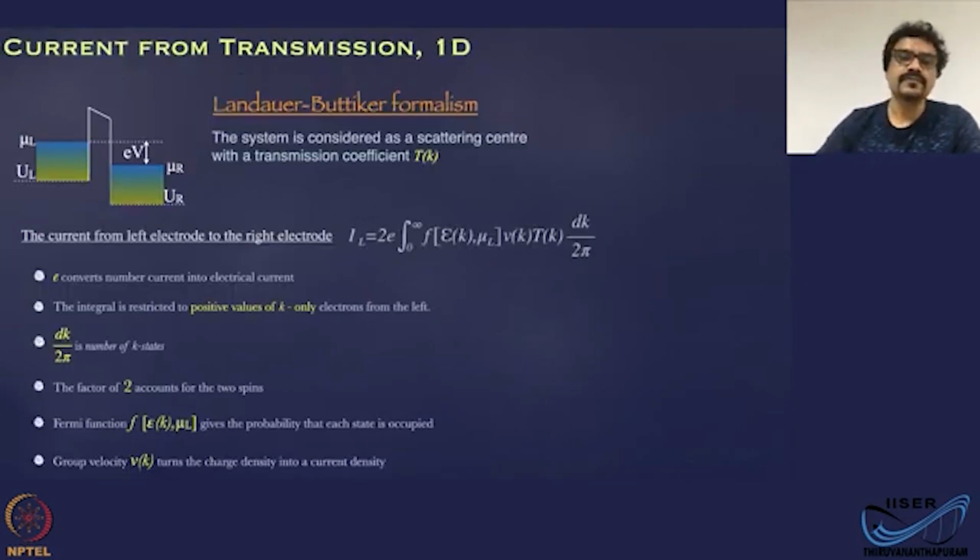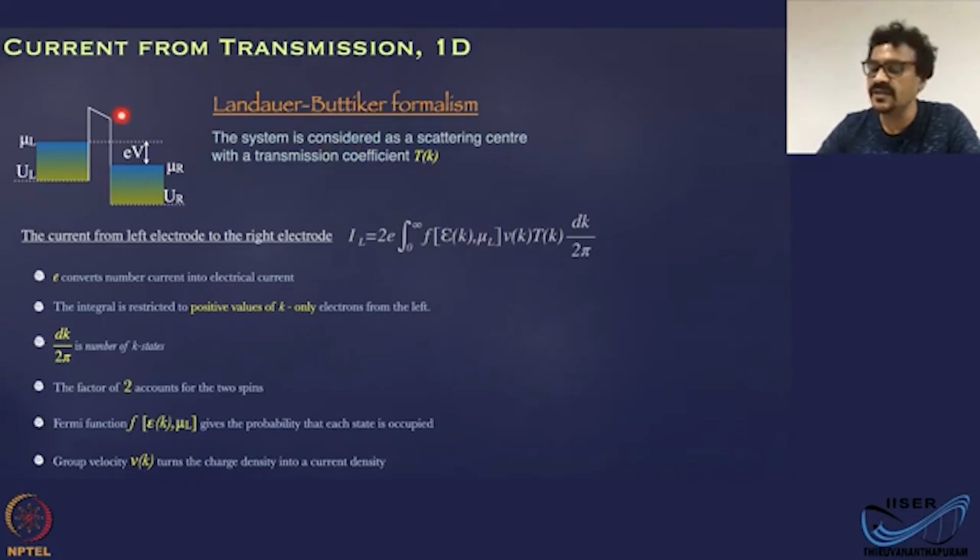Now, the Landauer formalism, or Landauer-Büttiker formalism, considers the system as something like a black box with a certain transmission coefficient Tk, which is decided by the scattering in that region in the box.